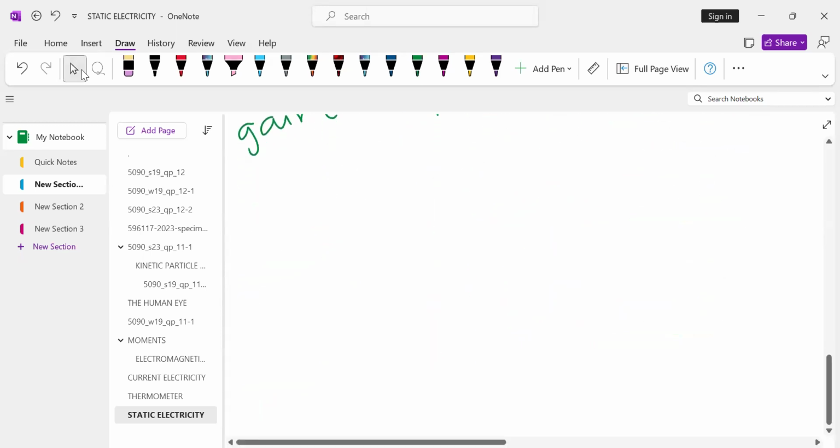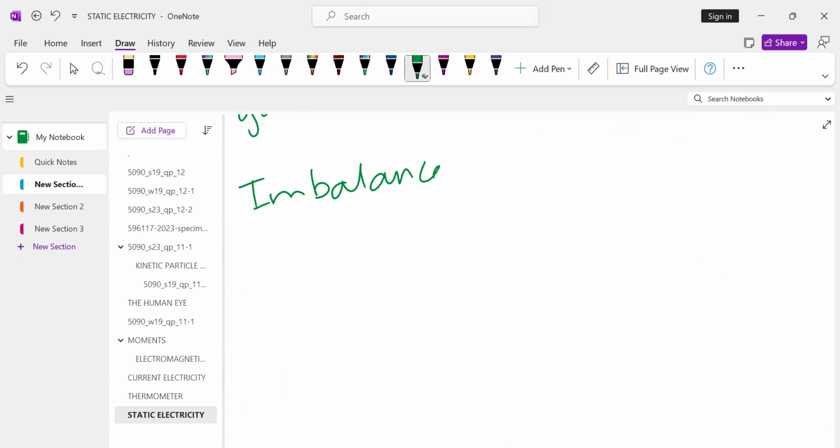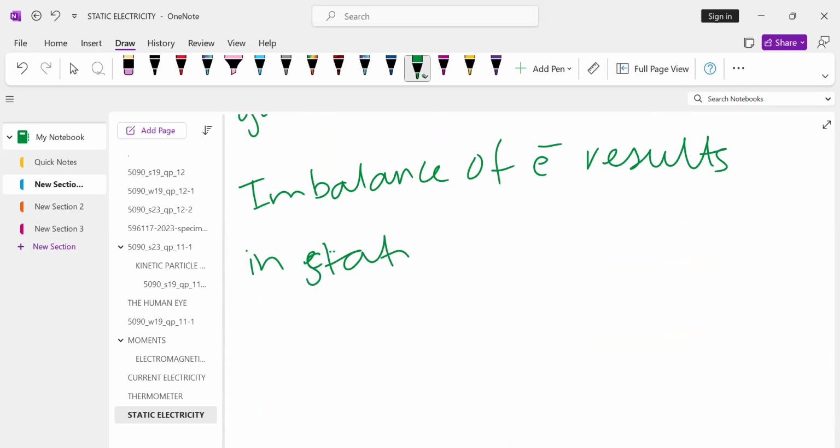Then let's move towards the second thing, which is imbalance of electron results in, let me write it, imbalance of electron results in static electricity.